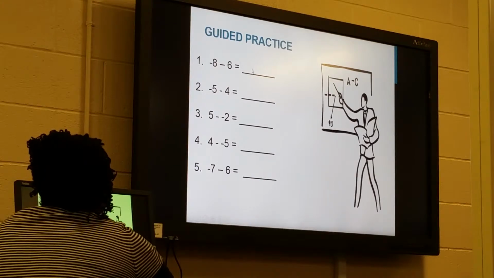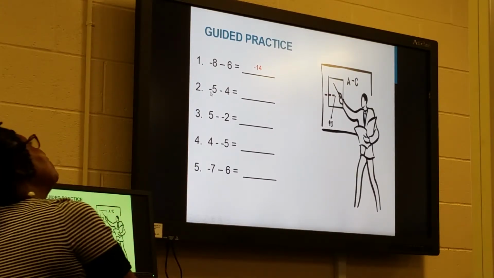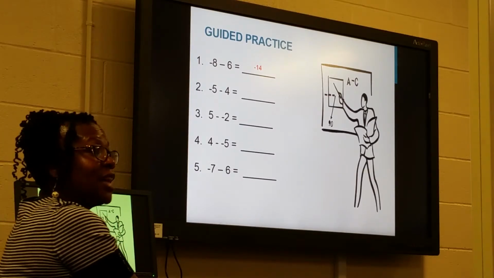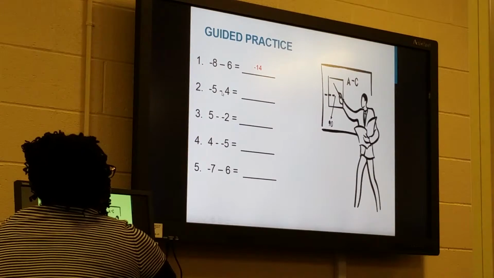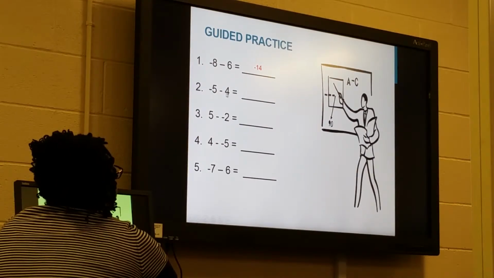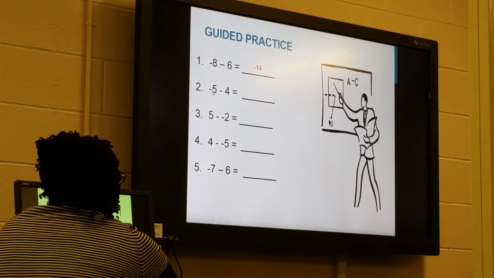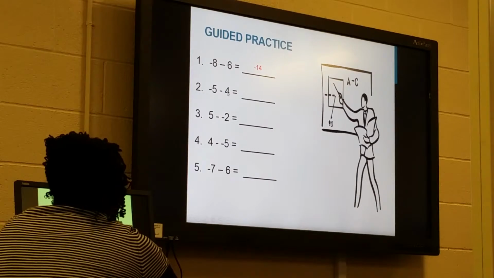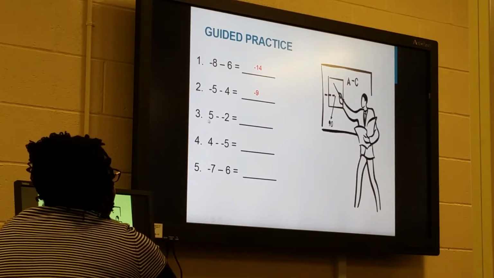Alright. Okay, let's do it again. That 5 stays the same. We change the operation to a plus, addition. And then this 4 changes to a negative 4. Negative 5 plus a negative 4 equals negative 9.